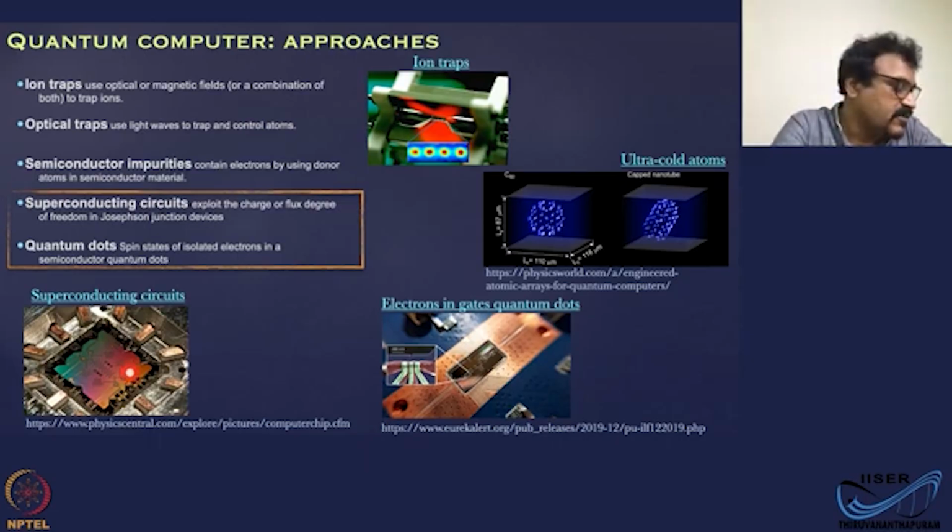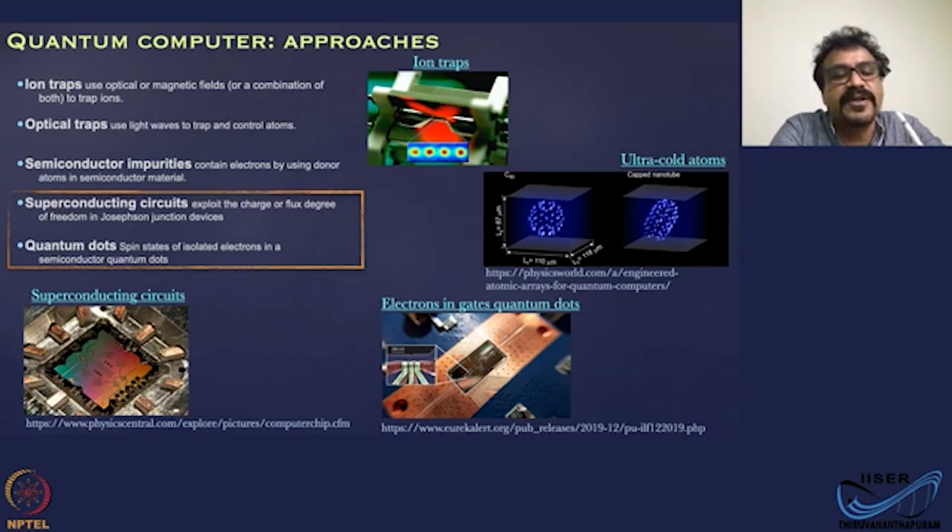This is an example of a superconducting circuit which has many qubits in it. This is the technology we are going to discuss after this slide. And this is a scalable technology too. You can follow simple micro fabrication techniques which are perfected by the industry.